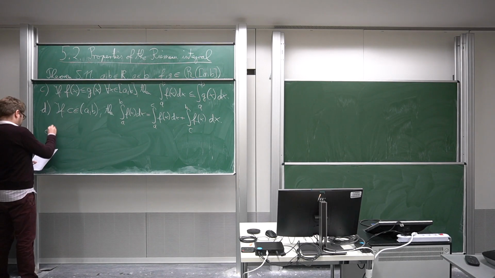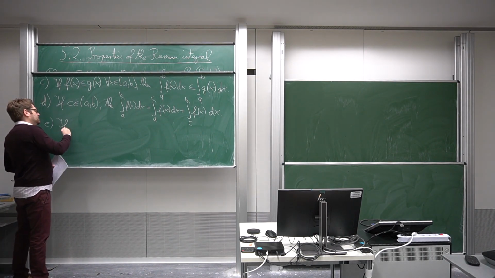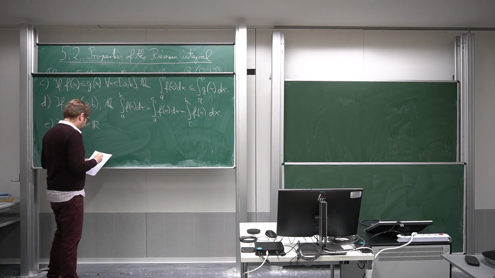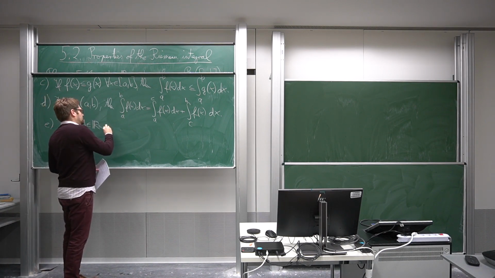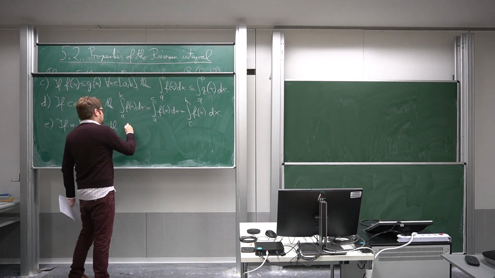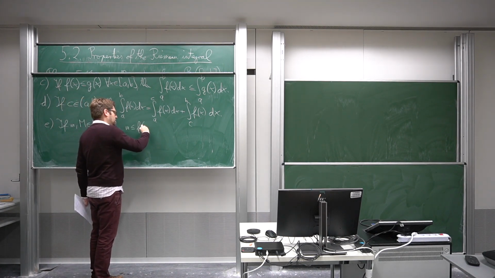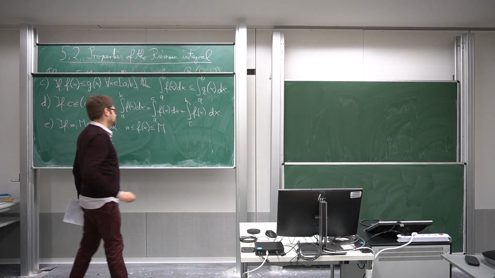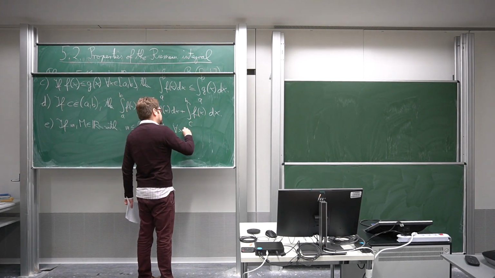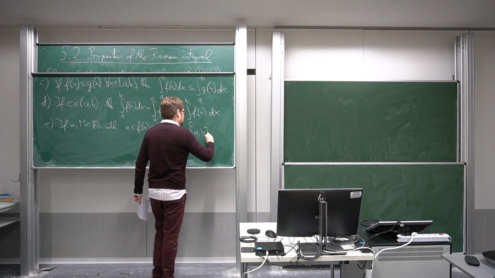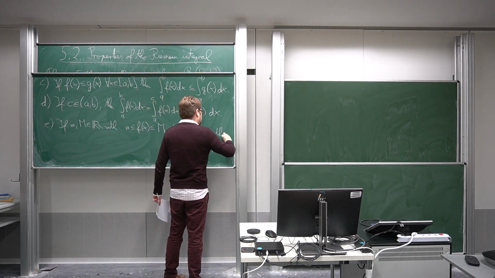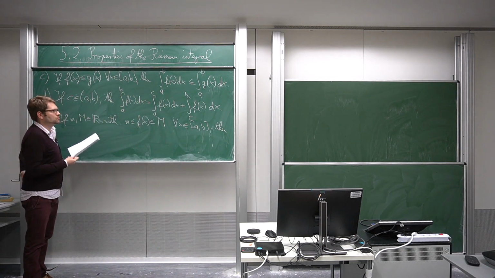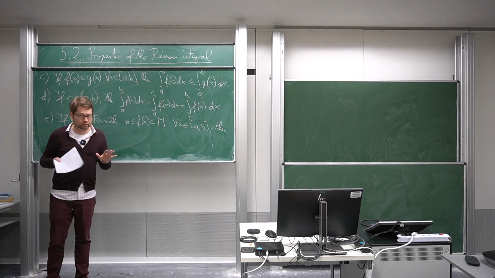Then, assume we have some numbers small m and large M in R such that m is a lower bound for f and capital M is an upper bound for f, so f is between these two numbers for all x in [a, b]. And of course, we can always find such numbers because, recall, by definition a Riemann integrable function is always bounded.